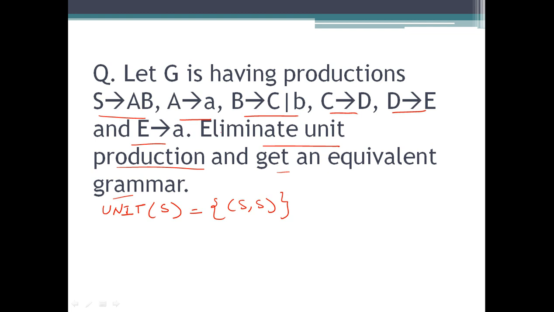Now there is no production in which S directly derives a non-terminal, so we will stop here. Next, unit of A is equal to A, comma A. Again, no non-terminal is directly derived from A, so we will move further.